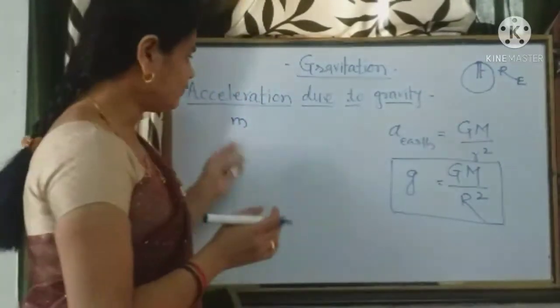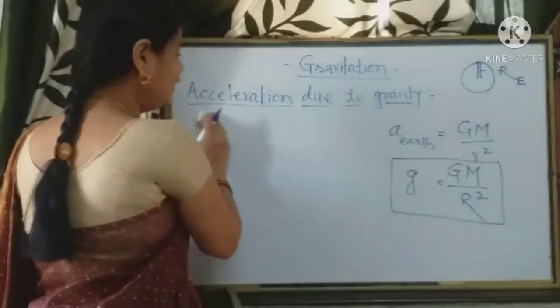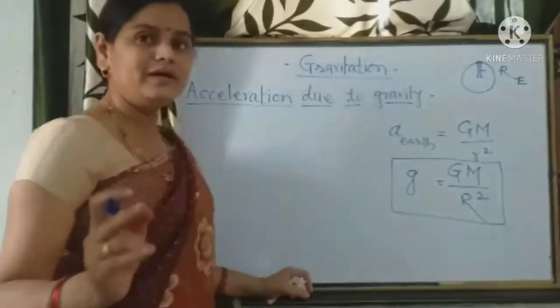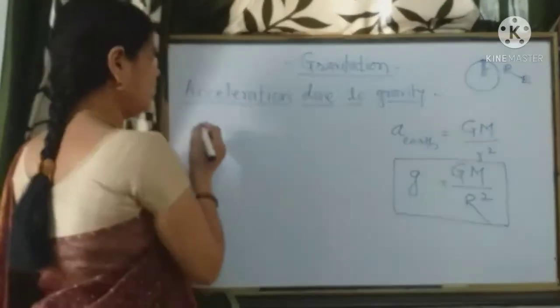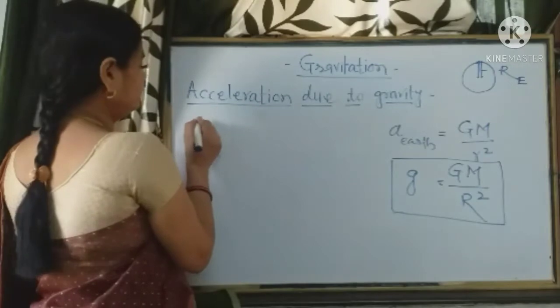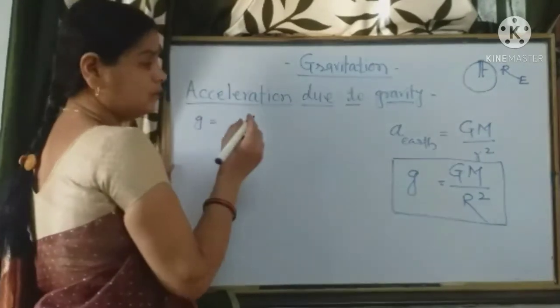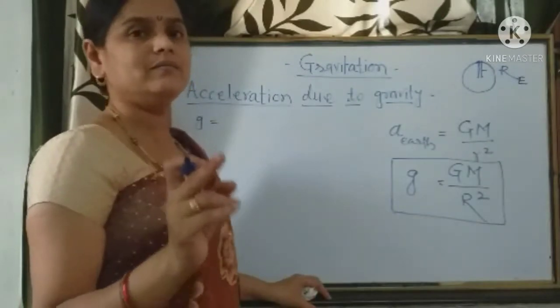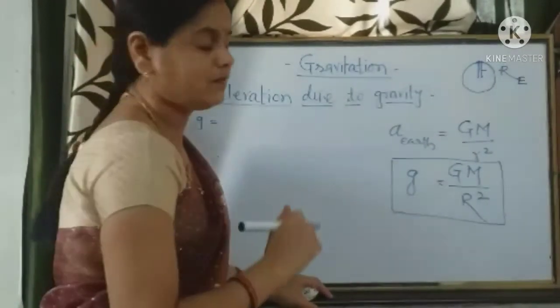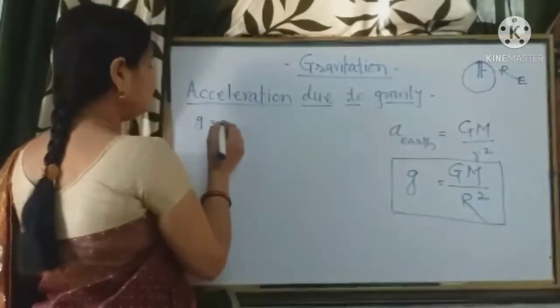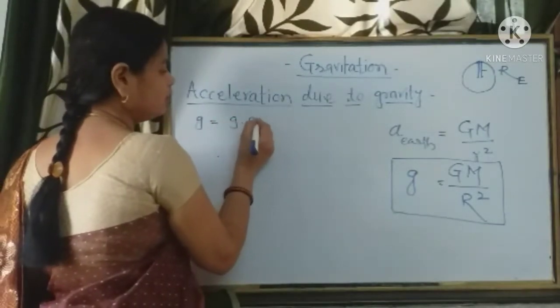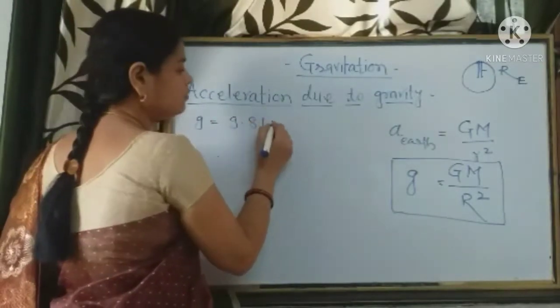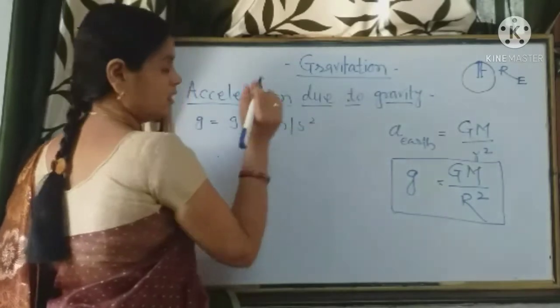From this formula we can find out the mass of the earth. Suppose the body of mass m is situated on the surface of earth, then at the pole the value of g, we know, is 9.81 meter per second square.